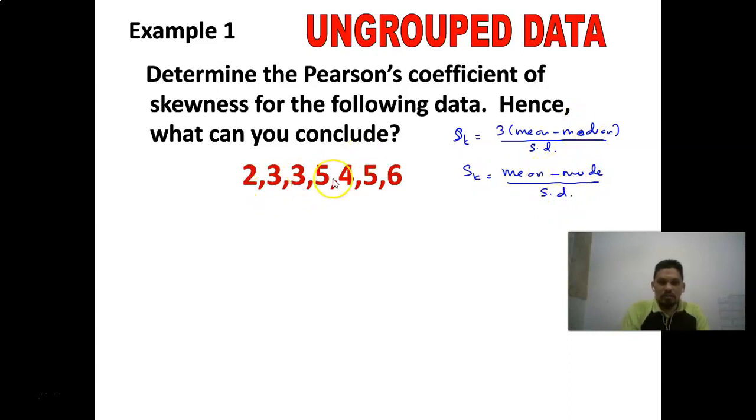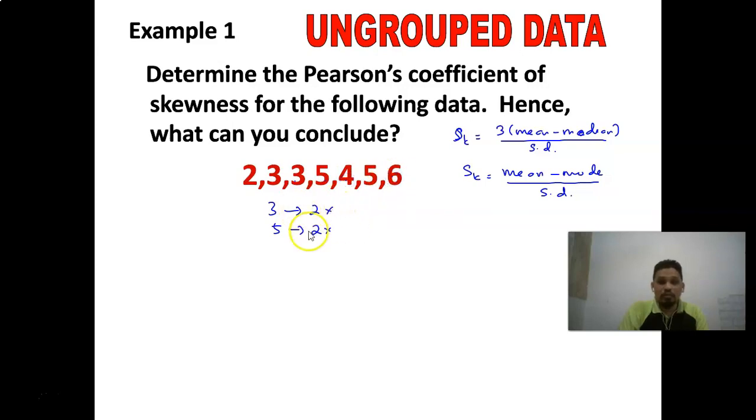Let's take a look at the mode, meaning the number that appears most. 2 appears once only, 3 appears 2 times, 5 appears 2 times, 4 once, 6 once.